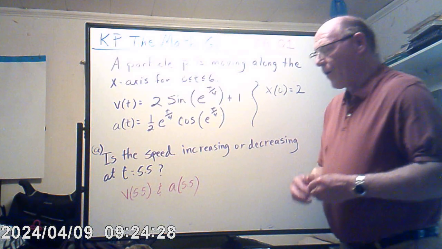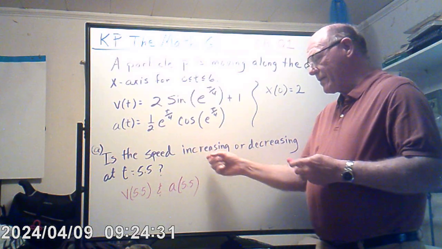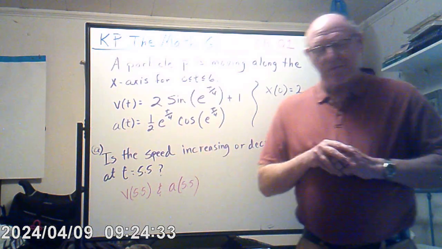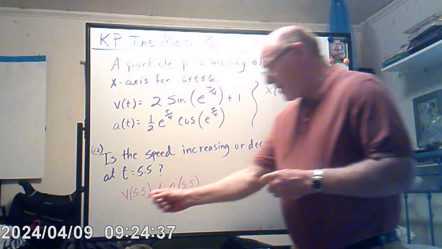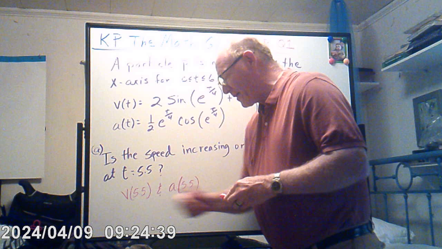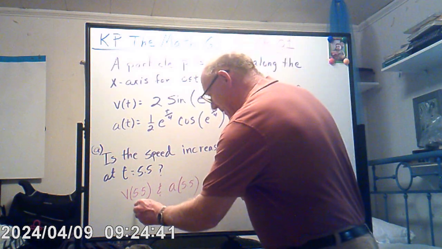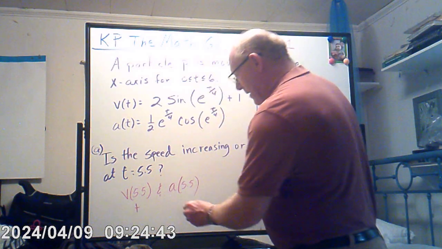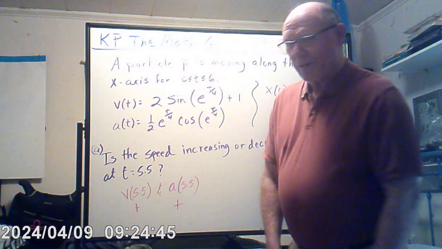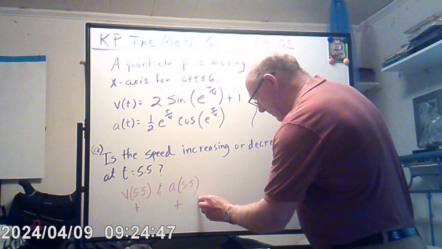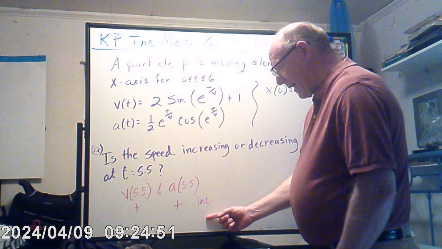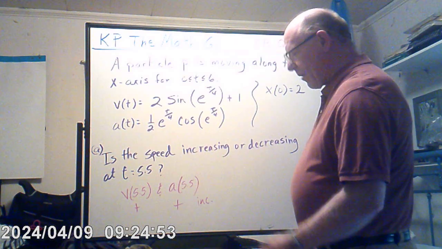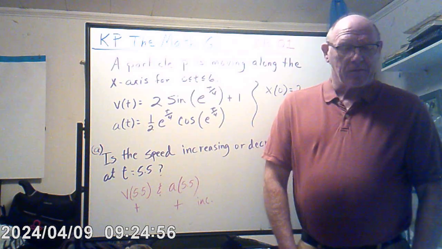Now, how do we know if the speed is increasing? If the sign for V is positive and A is positive, we have increasing speed. Or what's another option?